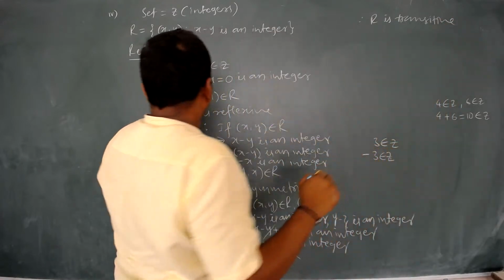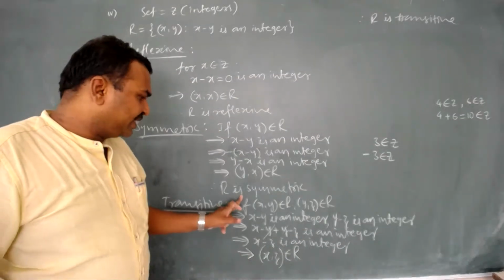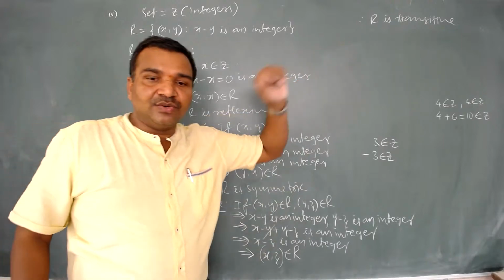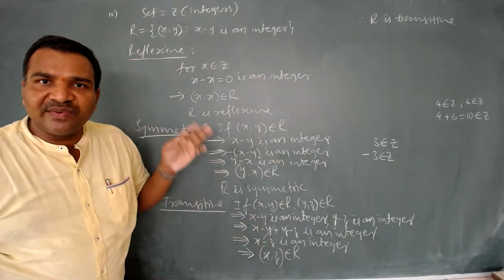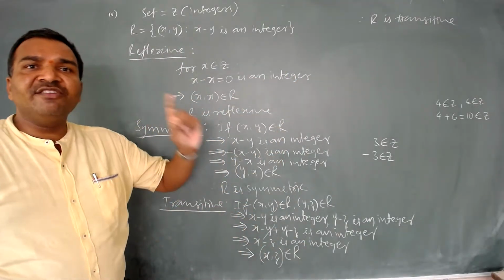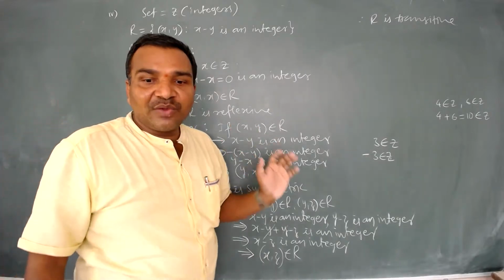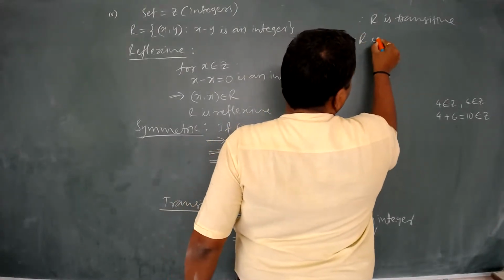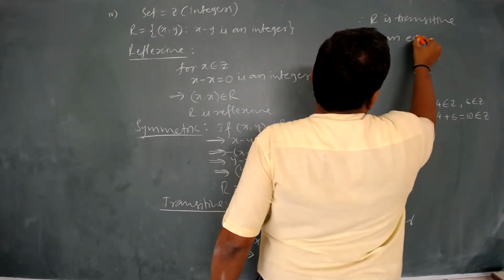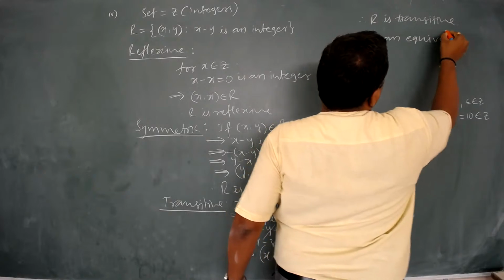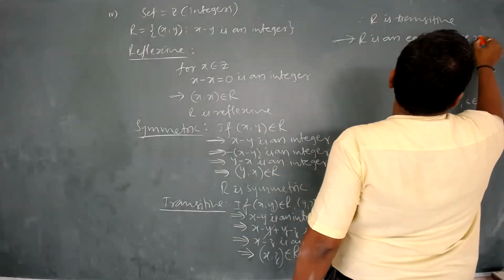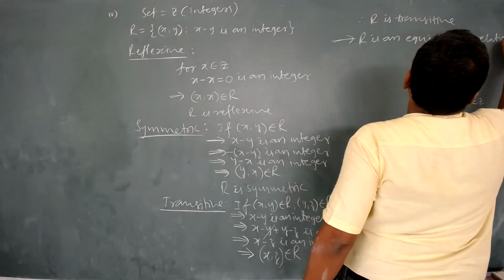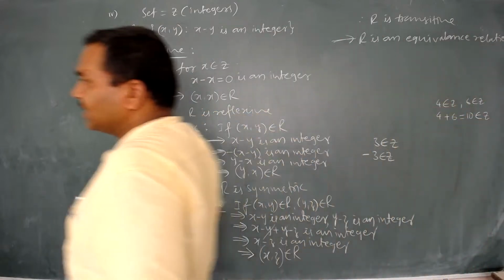Observe now: R is reflexive, R is symmetric, R is transitive. Any relation that satisfies these three properties is an equivalence relation. So directly we can say R is an equivalence relation.